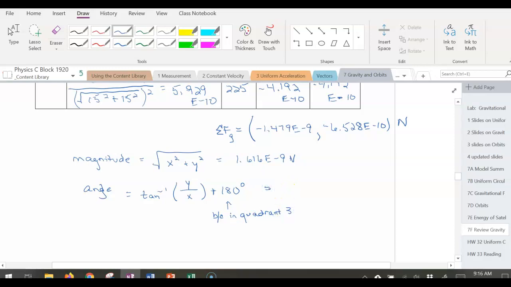Okay, so I'm going to do the arctan. And I get 203.82 degrees.